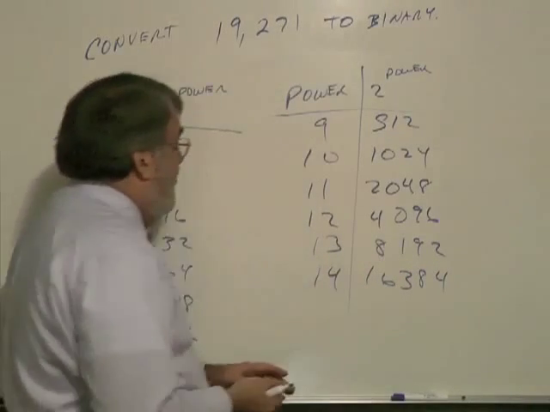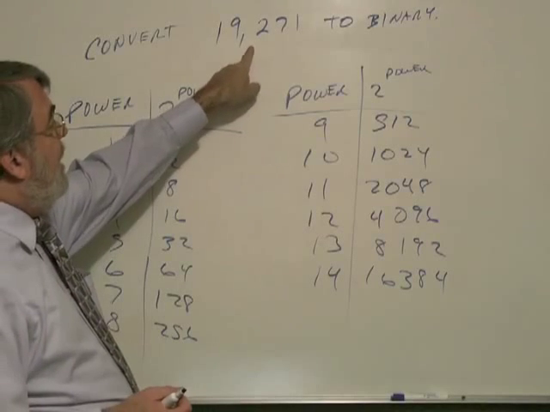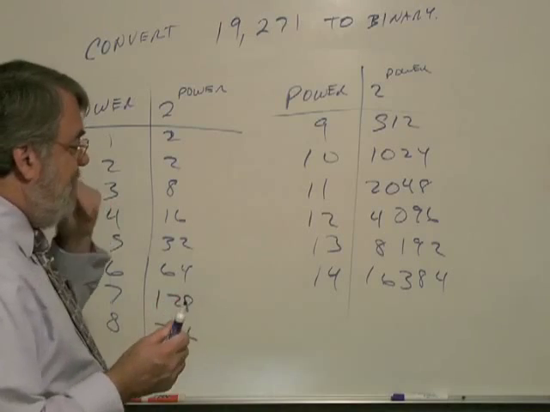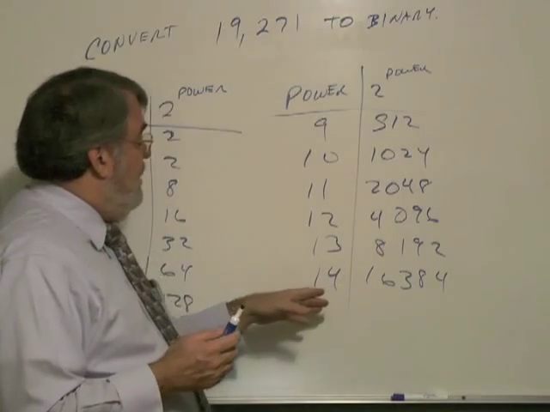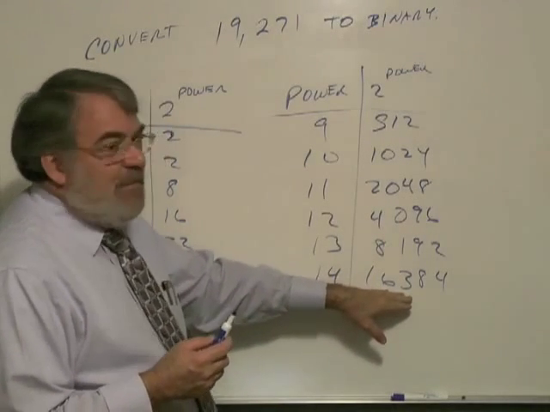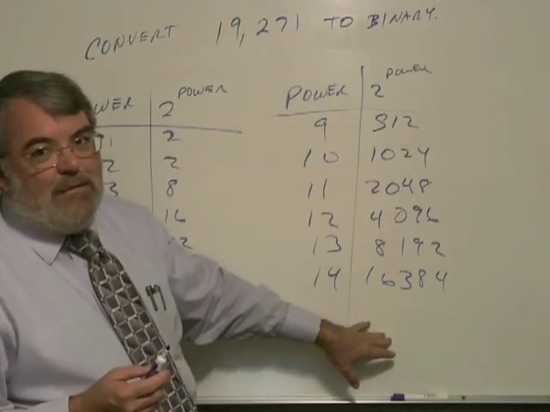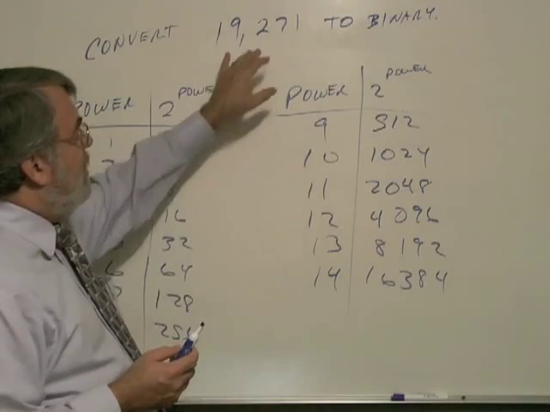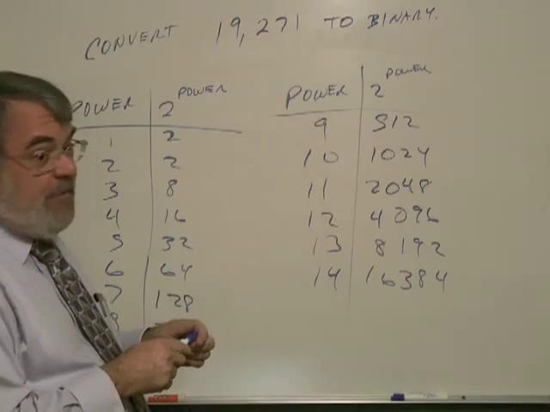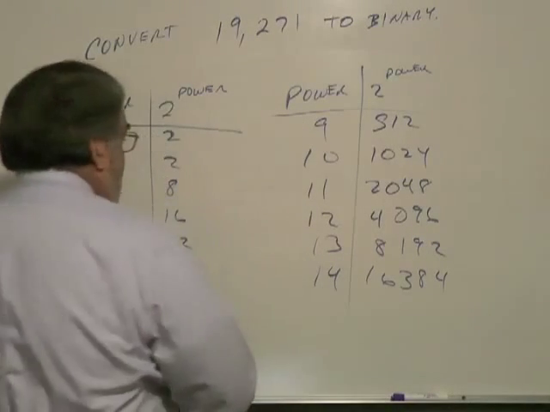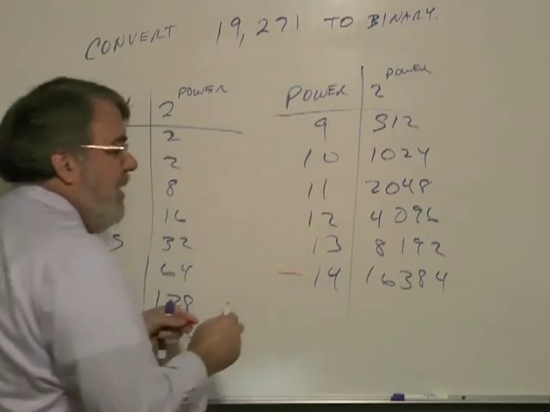I think that's as high as I need to go, because 19,271 is a little bit larger than 16,384, but the next number up is going to be around 32,000 something, and much larger than this. So it looks like we need a 14th power. So let's see, how can we do that? Well, let me mark that one.